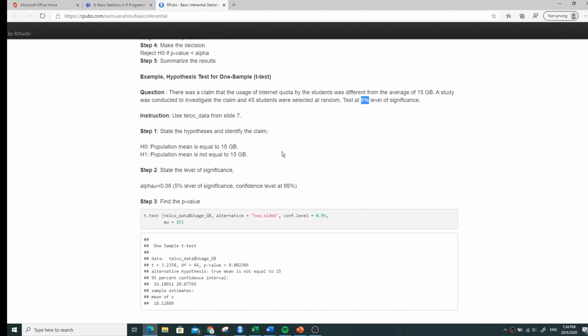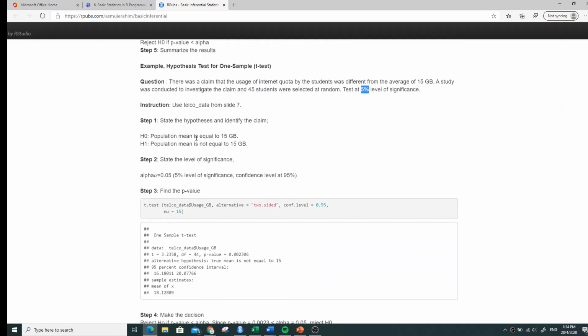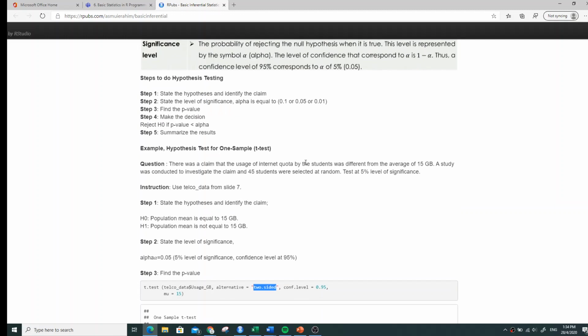It's just the same as the alternative hypothesis here. Since you use not equal, the alternative should be two-sided. If greater, you use greater. If lesser, you use less.